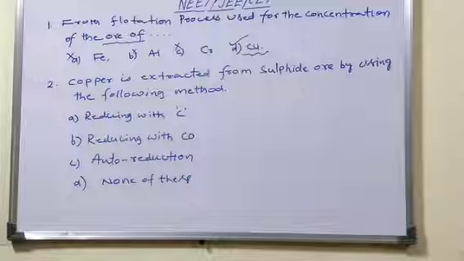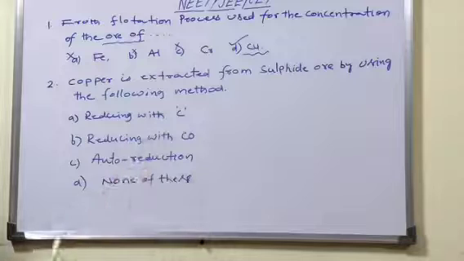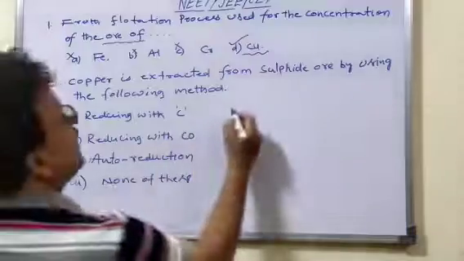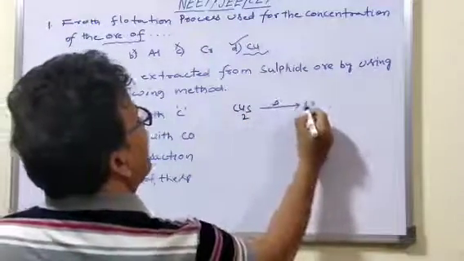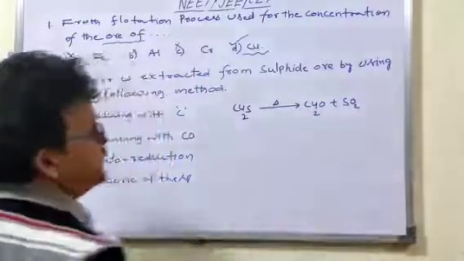The question given: copper is extracted from sulfide ore, we know already, by using the following method. Reducing with carbon, carbon monoxide, auto reduction, meaning no external reducing agent is going to be used. Look here, we learned copper sulfide is subjected to heat and you get copper oxide plus sulfur dioxide.